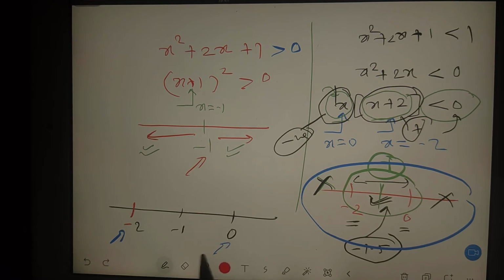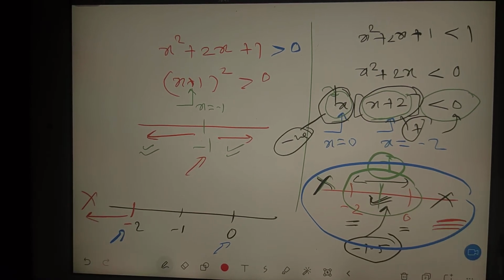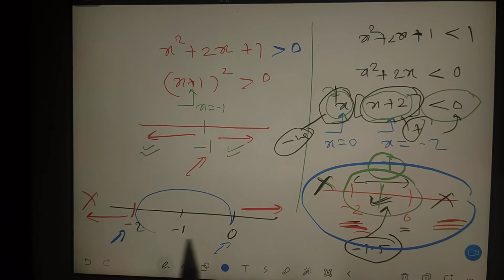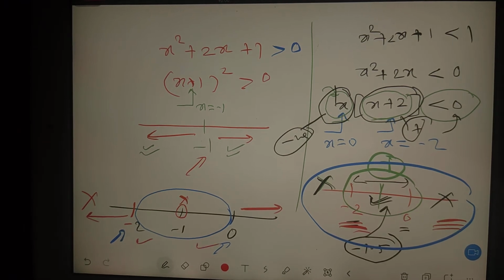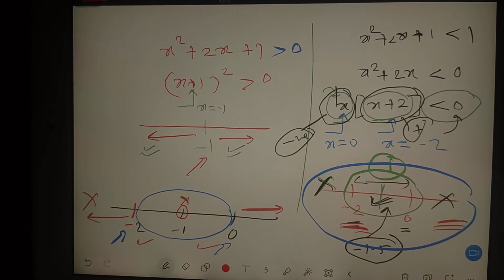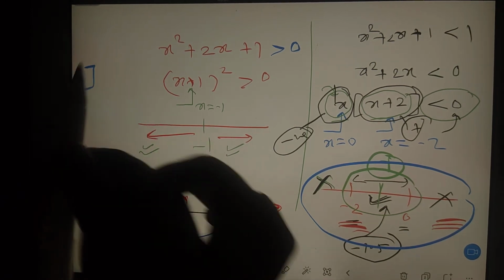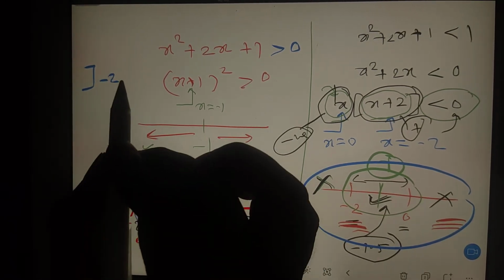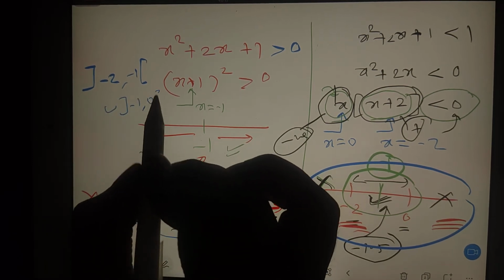Below minus 2 is restricted because of this condition, and above 0 is restricted because of this condition. So whatever answer I have to think, I have to think only in this gap. In this gap, only minus 1 I cannot choose and the remaining answer I can choose. Very simple. So my answer is going to be minus 2 to minus 1 union minus 1 to 0.